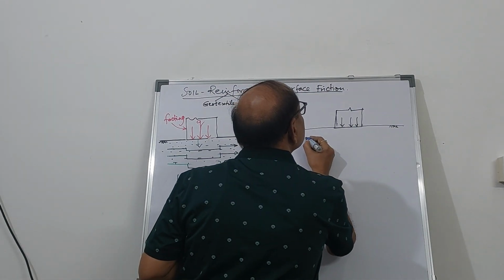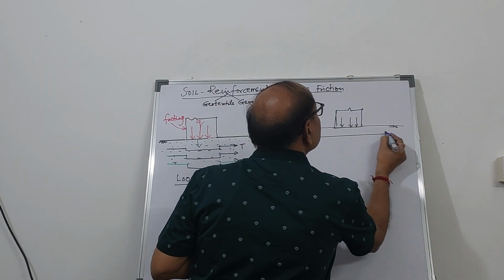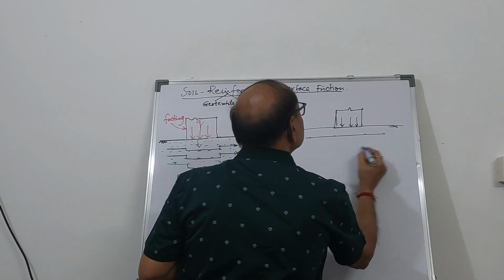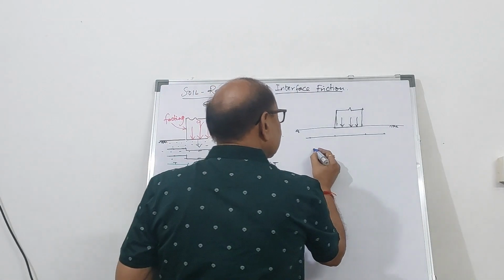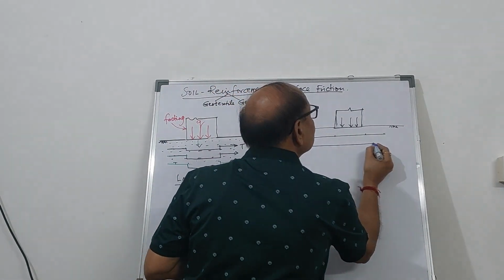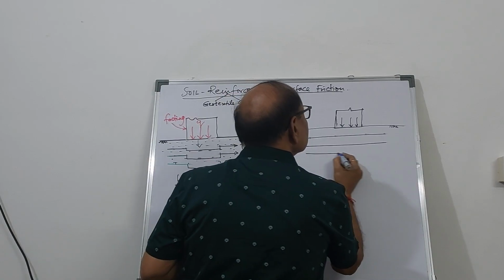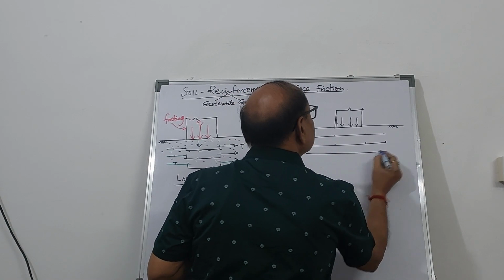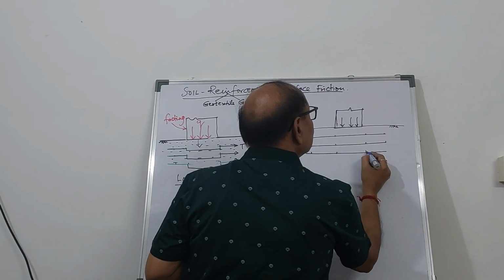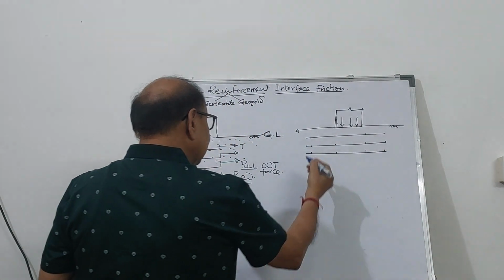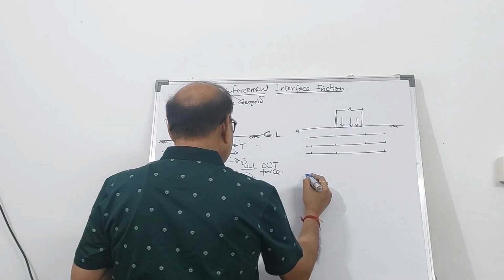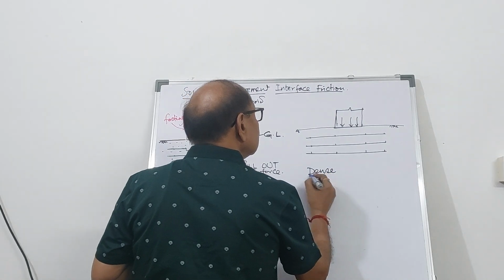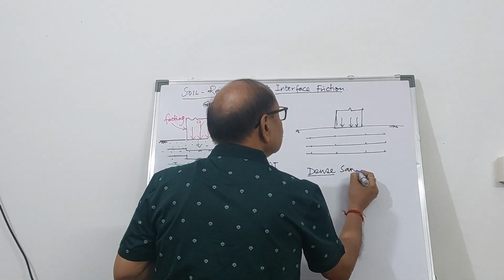Let's say these are the reinforcing elements as shown in this figure. Another reinforcing element like this. These are the planar reinforcing elements. And let's say there is going to be a dense sandy bed.